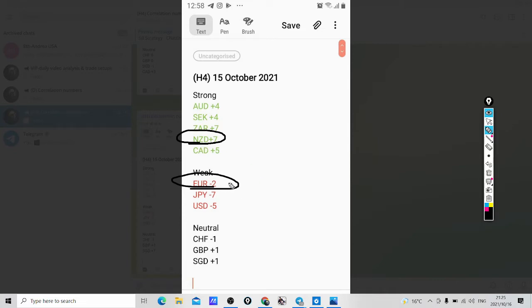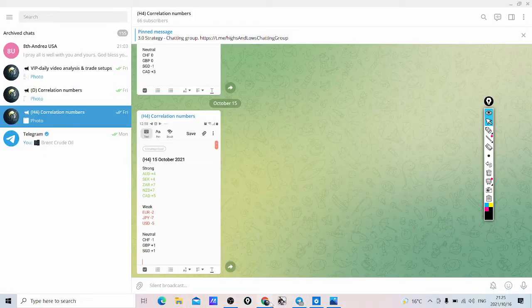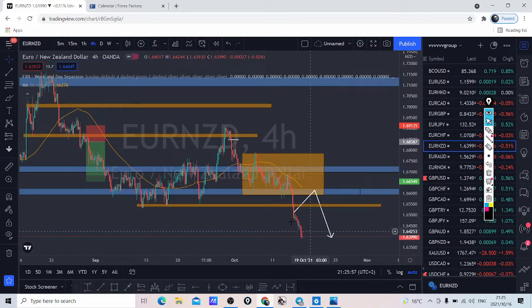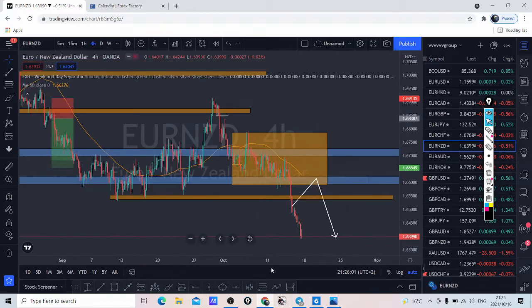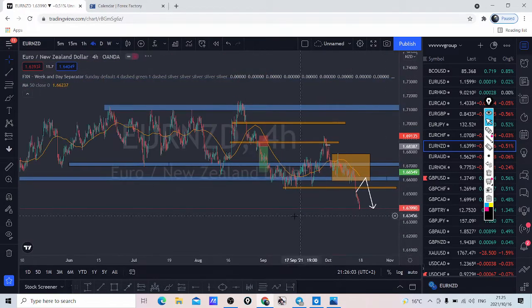So if you are pairing a strong currency with a weak currency, what is going to happen is the base currency is going to dominate, meaning that the Euro is going to go down while this one is going up. So the pair is going to go down. So that's why here the market is going down. But I was expecting a little bit of a pullback, then a sell.